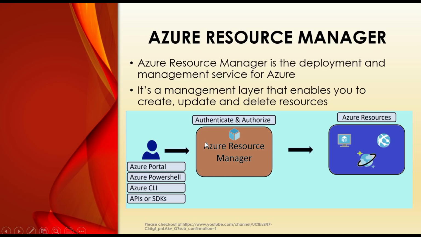Then it performs various other checks such as policies and locks, which we are going to touch base on in the coming sessions, and confirms whether the user has authorization. Once those two checks are done, the resource will be provisioned. So again, the user invokes the request using any of those methods, it comes to Azure Resource Manager, Azure Resource Manager does the authentication and authorization, and then it can provision those resources.